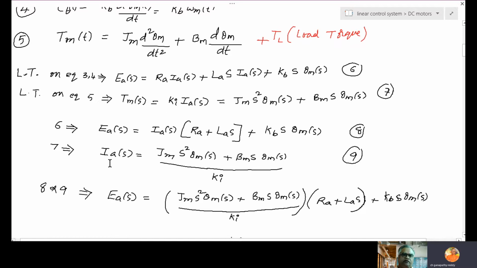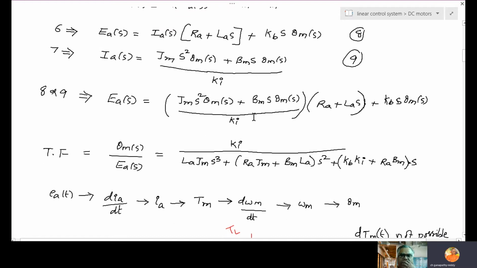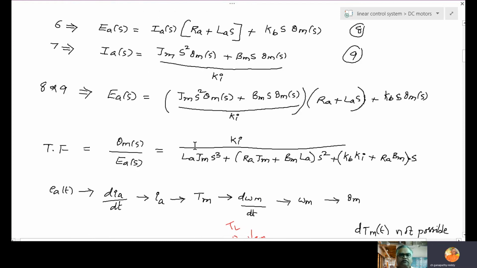From the seventh one you get Ia of S is this. So this ninth you substitute in the eighth, then you will get Ea of S is so and so. Just to go through this, all steps are given, you can copy. Then the transfer function theta m of S by Ea of S is this, with S power 3, S square and S. So this is a third order system, and we got this transfer function.